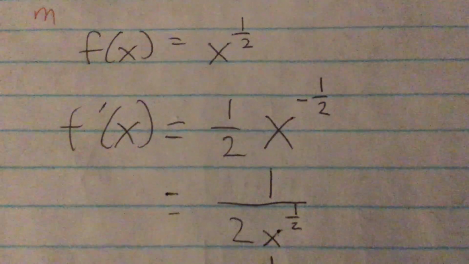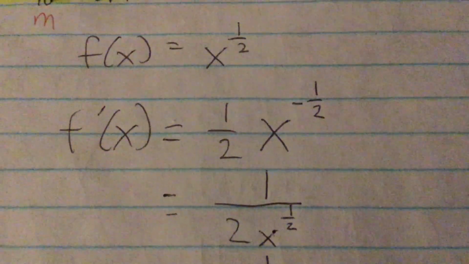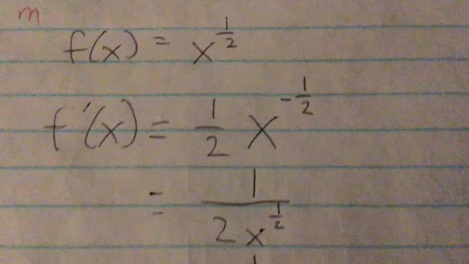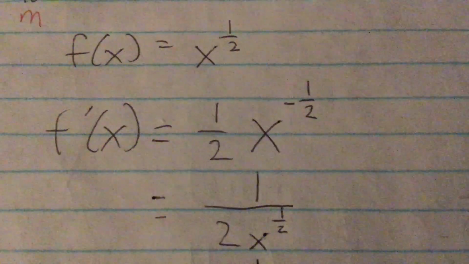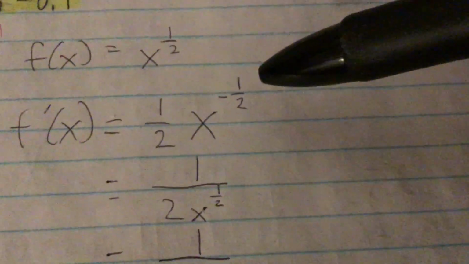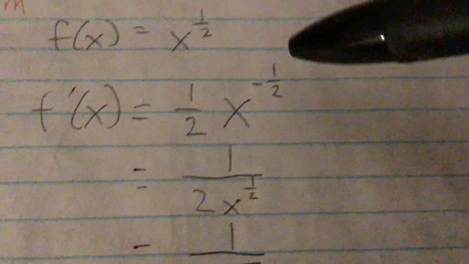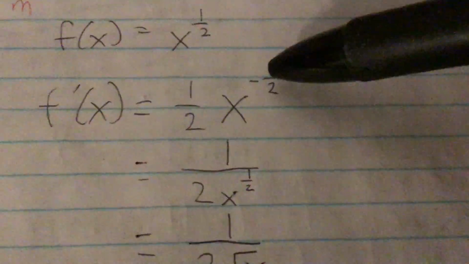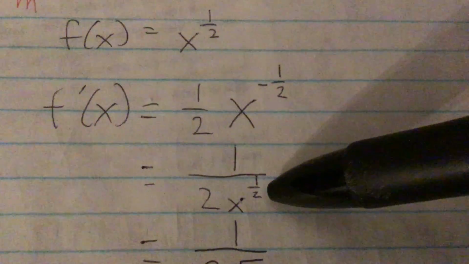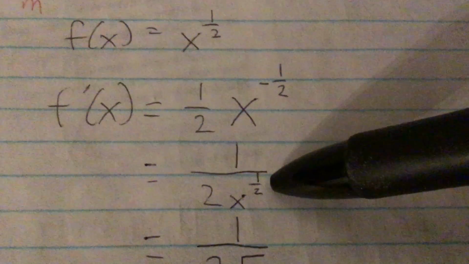Now I use the power rule to state that f prime of x is 1/2 x to the negative 1/2 power. And because let's just say I want to do this by hand without a calculator, I combine my knowledge of rational exponents and negative exponents. First things first, I can move x to the negative 1/2 power to the denominator as a positive exponent.